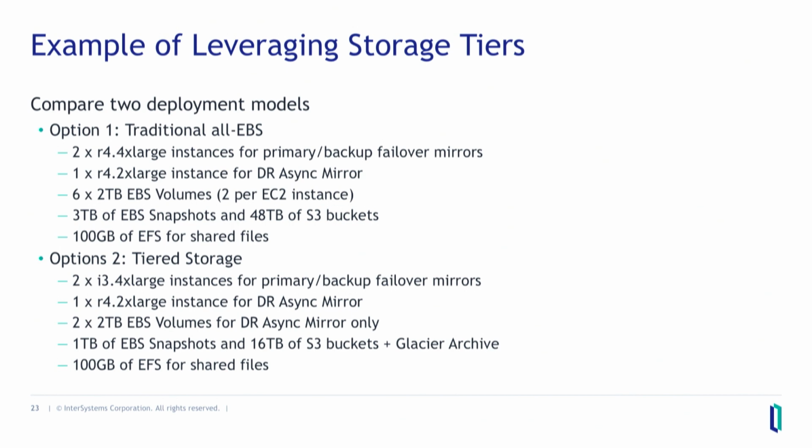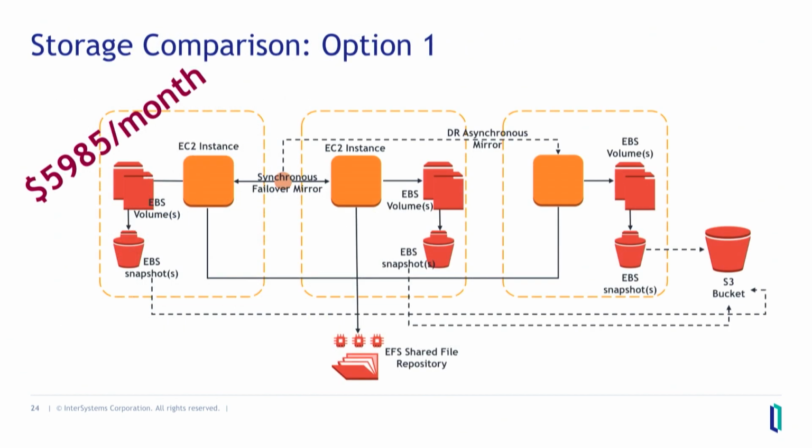Second option is an alternative to a heavy EBS-laden deployment, and uses slightly different operational practices, using local storage on the primary and the backup mirror members, and only using EBS on a DR async mirror member. You can mix and match these a little bit, but I just want to show these to show you the cost comparison. I won't get into the performance, other than to say one is much, much faster than the other. I'll go into details in my next session.